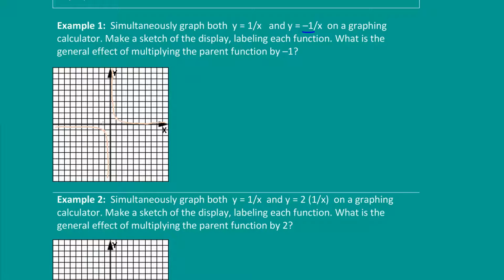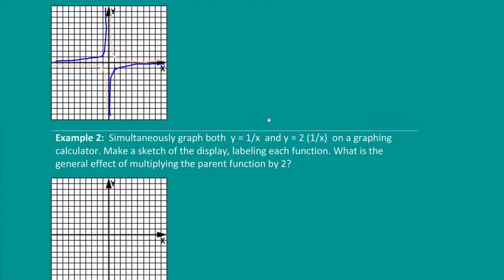So if I have this being -1, let's make this -1, +1. So on this side we're going to get something to this effect, and on this side it's going to reflect something like that. So it just reflected the graph over the x-axis.